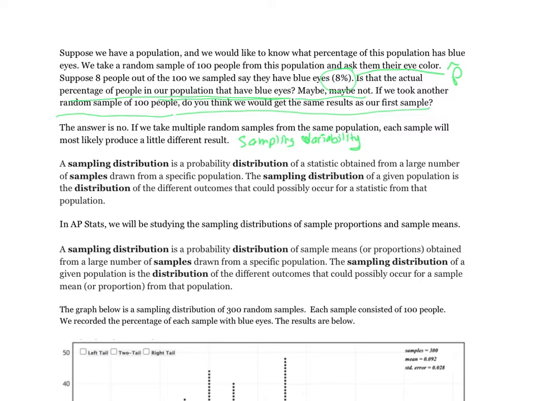So the idea is this: if we take multiple samples from the same population, we're going to get a little different answer every time, most likely, and we can make a distribution of those samples. So a distribution of samples is called a sampling distribution.